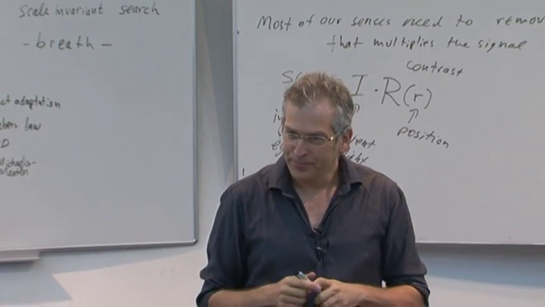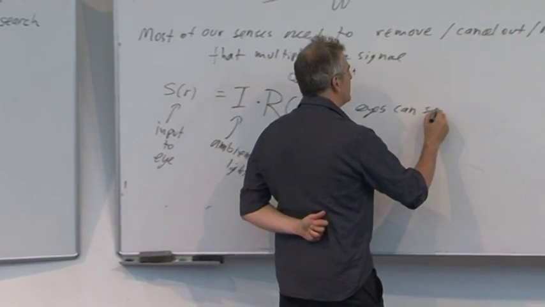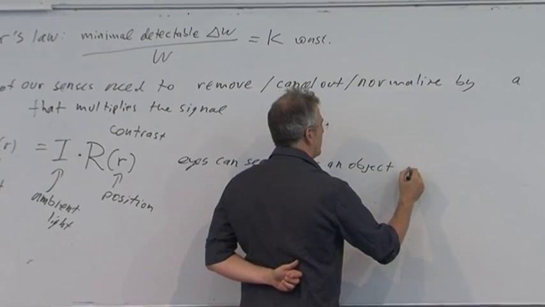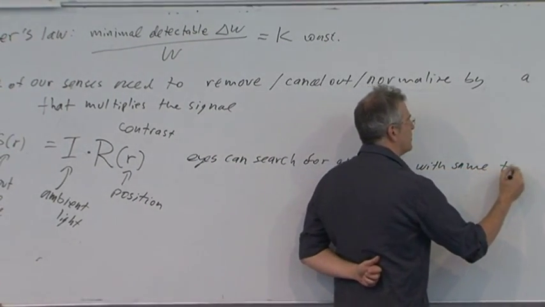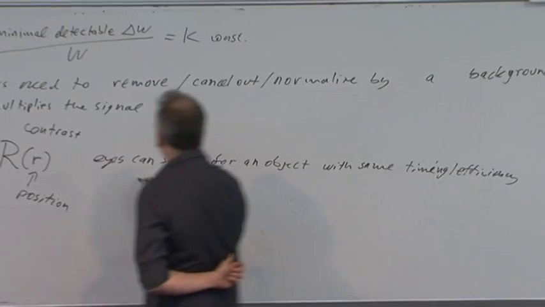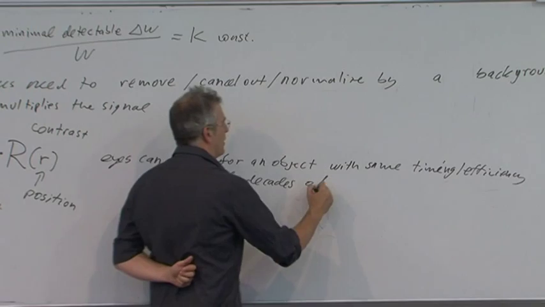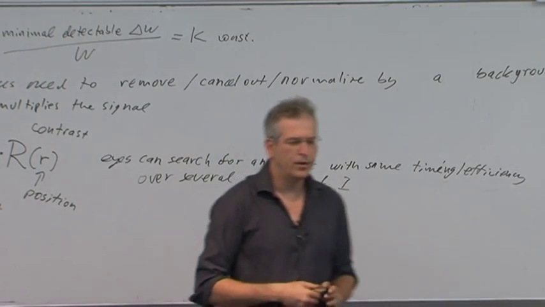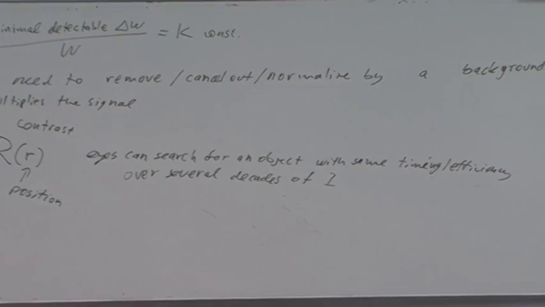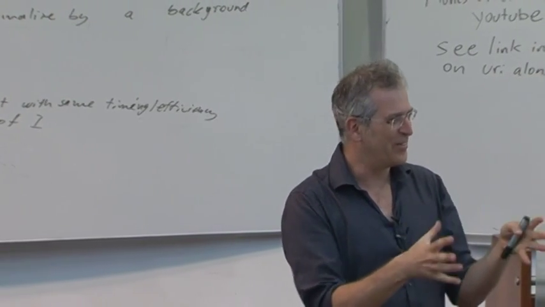So eyes can search for an object with the same timing, or efficiency, over several orders of magnitude of background intensity. In other words, our visual system knows how to divide out the background intensity.